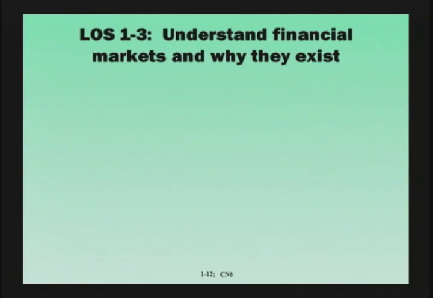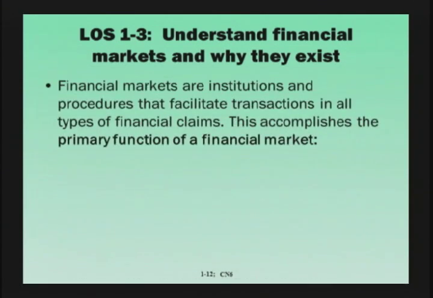Now, a basic understanding of financial markets will help set the tone for the rest of the semester. Financial markets include all the institutions and procedures that facilitate transactions in all types of financial claims. So we're talking about stock exchanges and commercial banks and brokerage houses and the stock investor themselves, whether individually or large institutional investors.